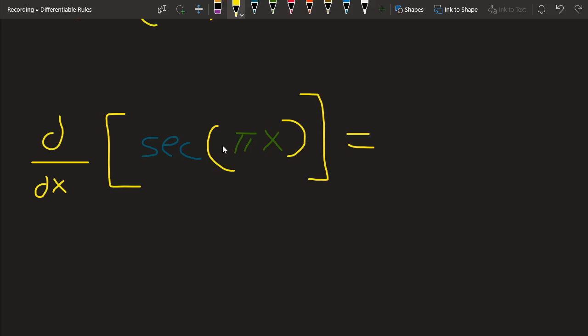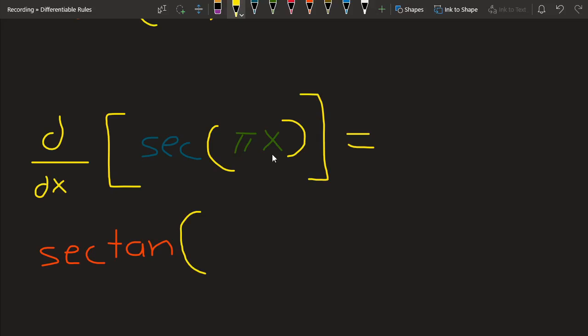So the first part of the equation is f prime. So f prime in this case would be the derivative of secant. So the derivative of secant is the same thing as secant times tangent. And then next we do g of x.